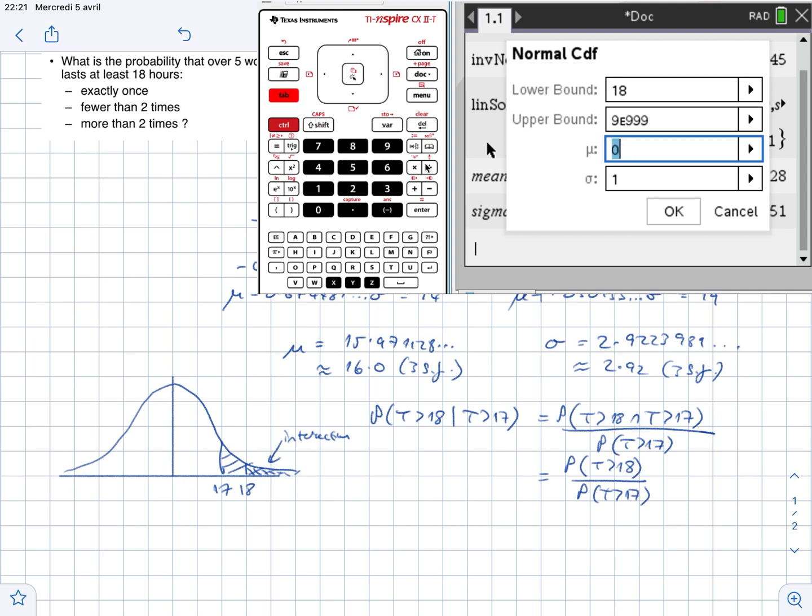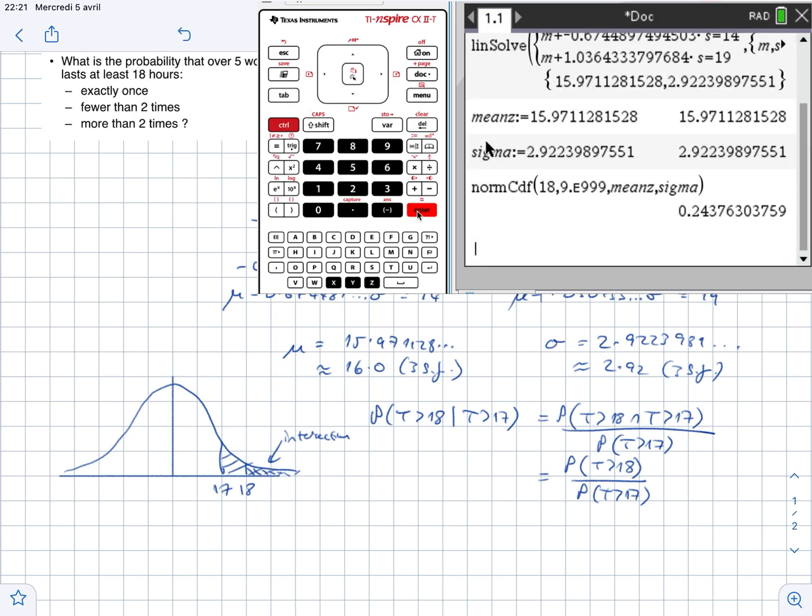Mean now is our, so we can go right here and select our mu mean, and then tab down, go right here and select our sigma, and then that will give us our value, our probability of being greater than 18.